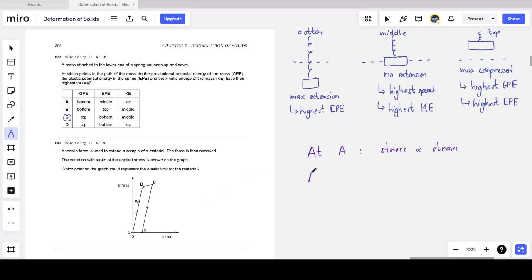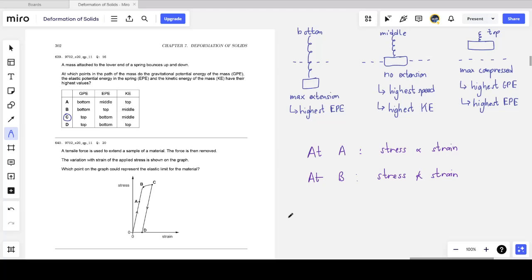But at B, what do you notice? At B, I notice that the graph is no longer a straight line, it starts to curve, and stress is not proportional to strain. So B lies just after the limit of proportionality.